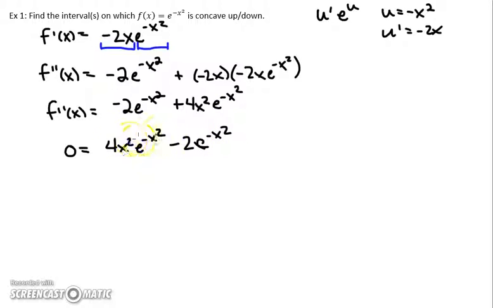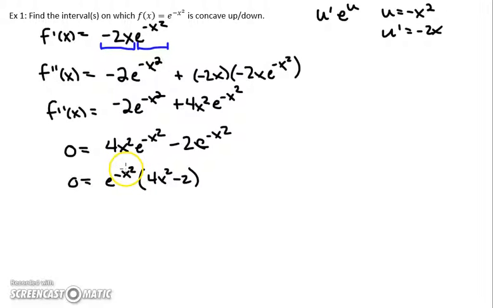I'm just going to rewrite this since we have the 4x squared here. To solve when that's equal to 0, we can factor out an e to the negative x squared, and we're left with 4x squared minus 2. This piece here is never going to be 0. E, a positive number raised to a power, I don't care what the power is, is never going to be 0.